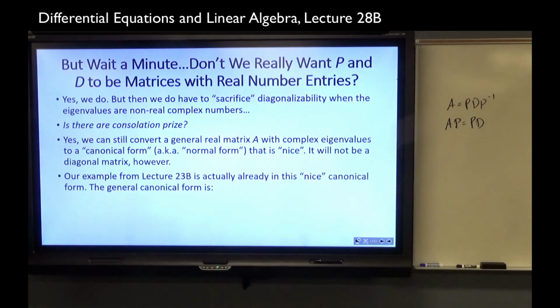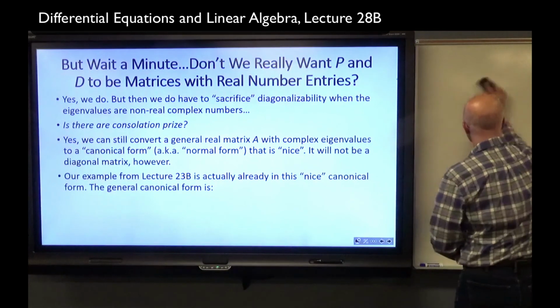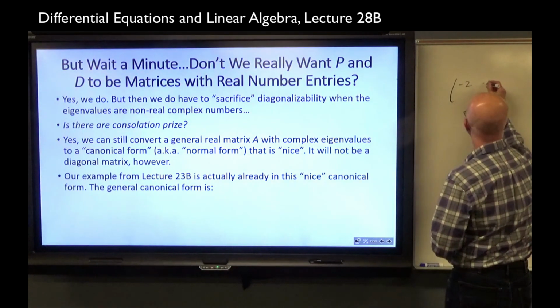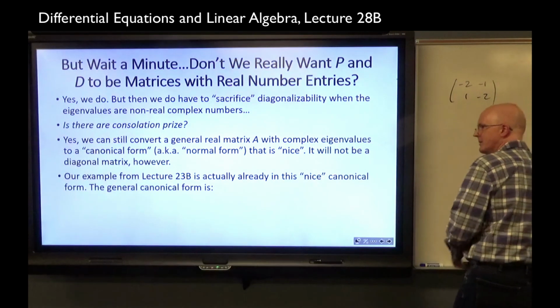Our example from 23b is actually already in the nice form. What was the example again? I believe it was -2, -1, 1, -2. I think it was that. I better just double check that.